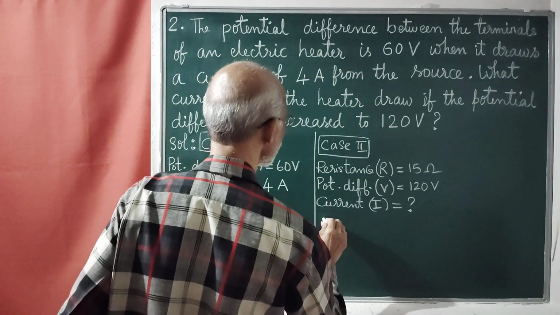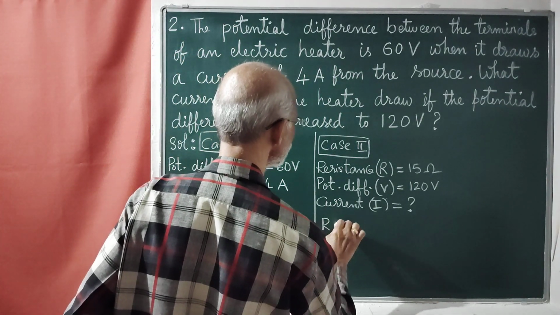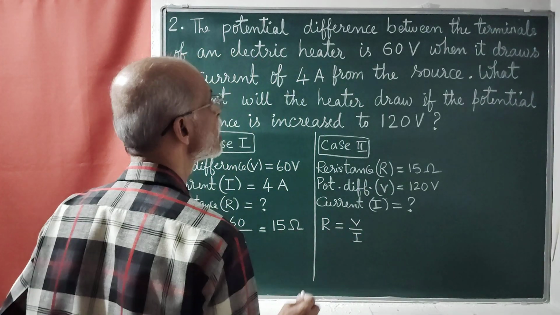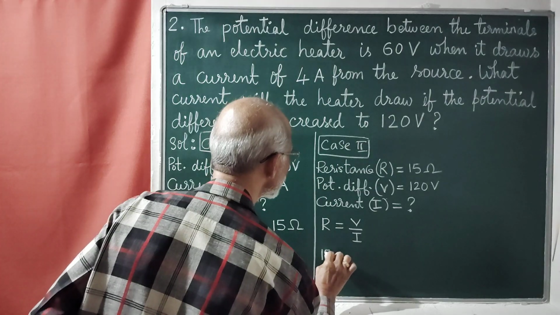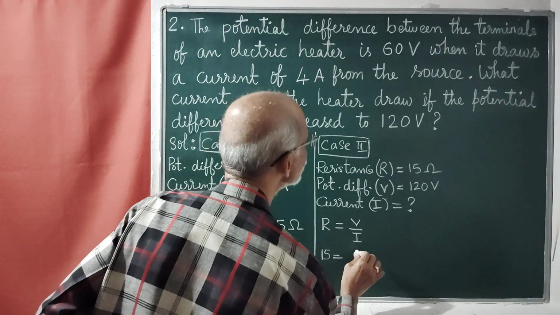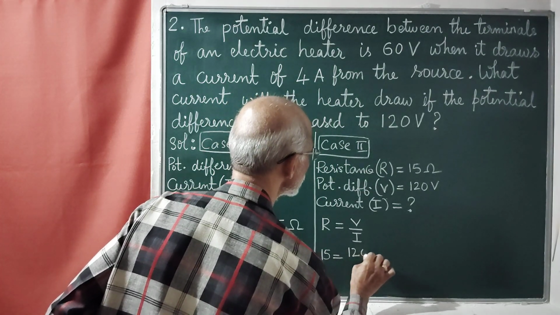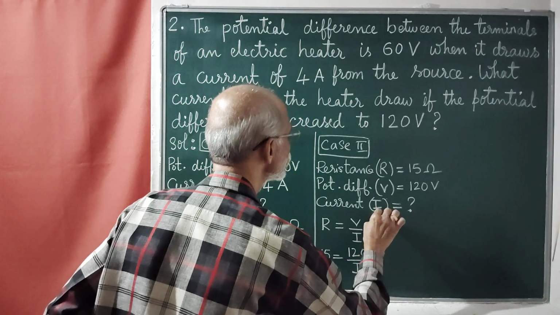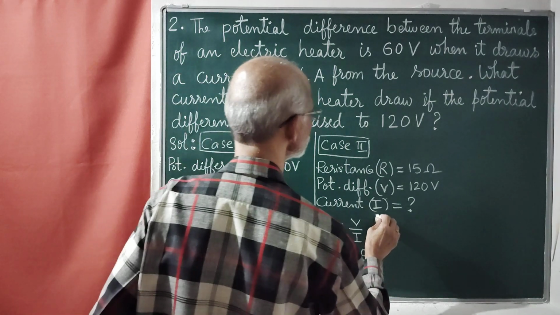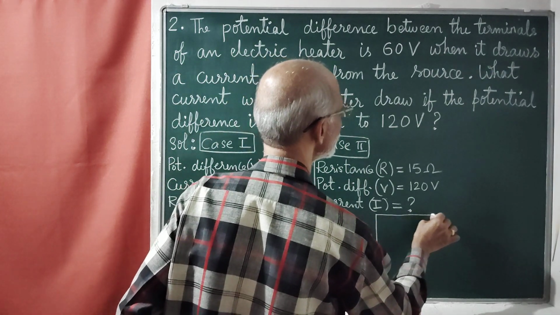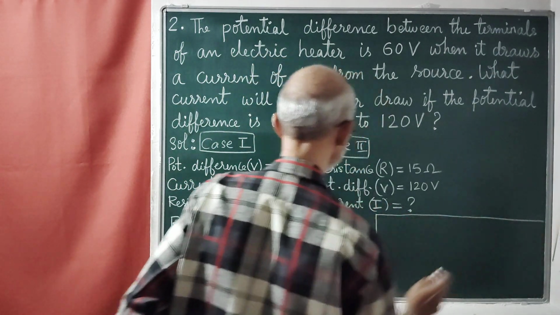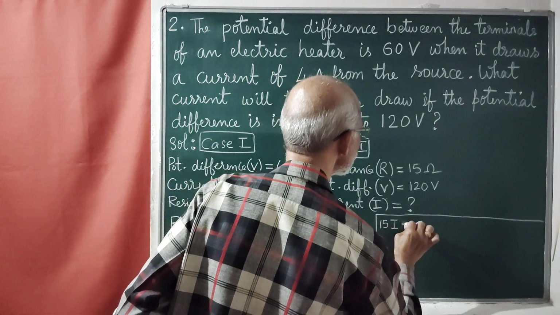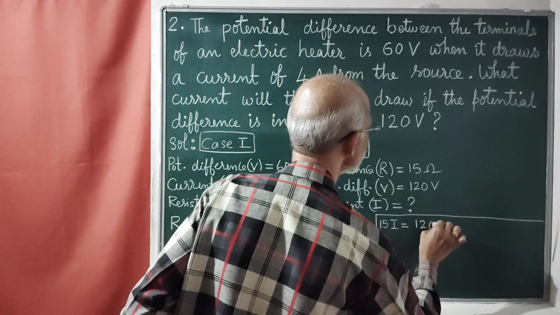So again by using Ohm's law, R is equal to V by I. What is R? R is 15. 15 is equal to 120 by I. If you cross multiply, 15I is equal to 120.